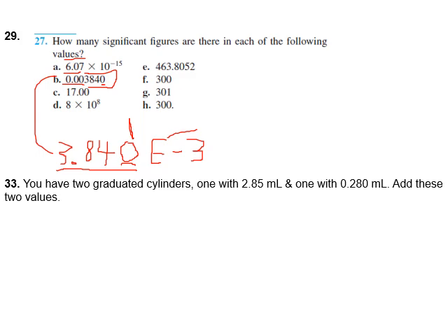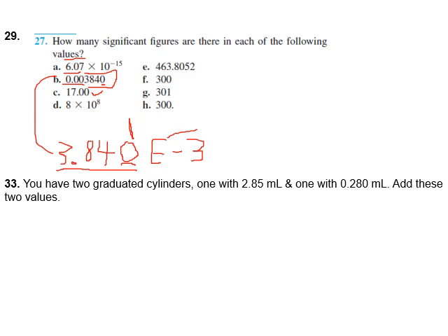So that B would have 4 sig figs. C would have 4 because those two zeros were stuck on there by somebody intentionally. Otherwise, they would have just written 17 or 17 point. But they didn't. They wrote the zeros in there to show you that they're significant.